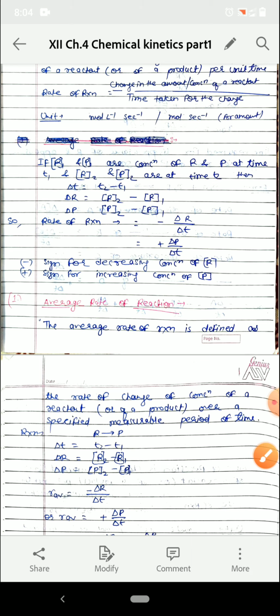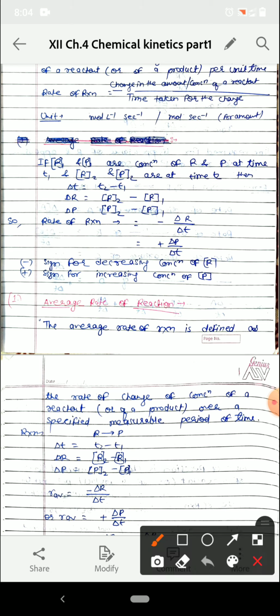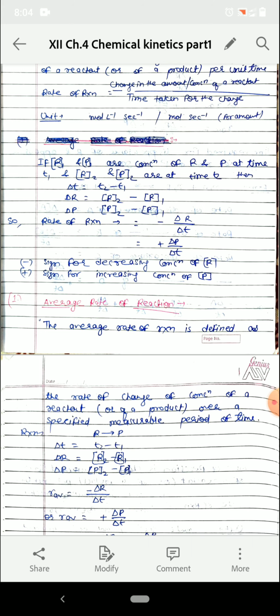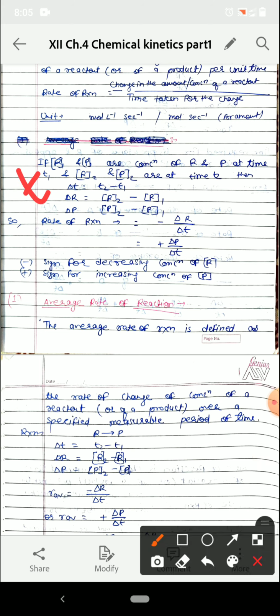Then there are some formulas we have to find out. So first let us check. There are two conditions. First time is T1, second time is T2.